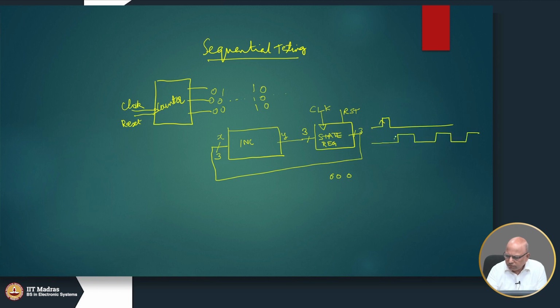So, every time the clock goes to a high, the state register will load the value from the incrementer. The incrementer has produced the value 0 0 1 somewhere here.